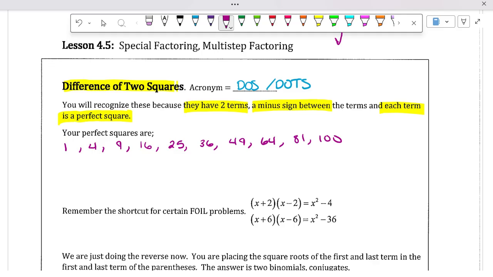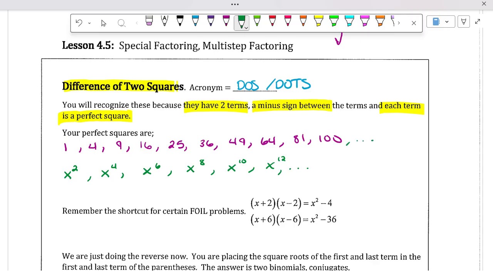Now, there's also variable perfect squares. The most common one, x squared. But we also have x to the 4th, x to the 6th, x to the 8th, x to the 10th, x to the 12th, and so on.